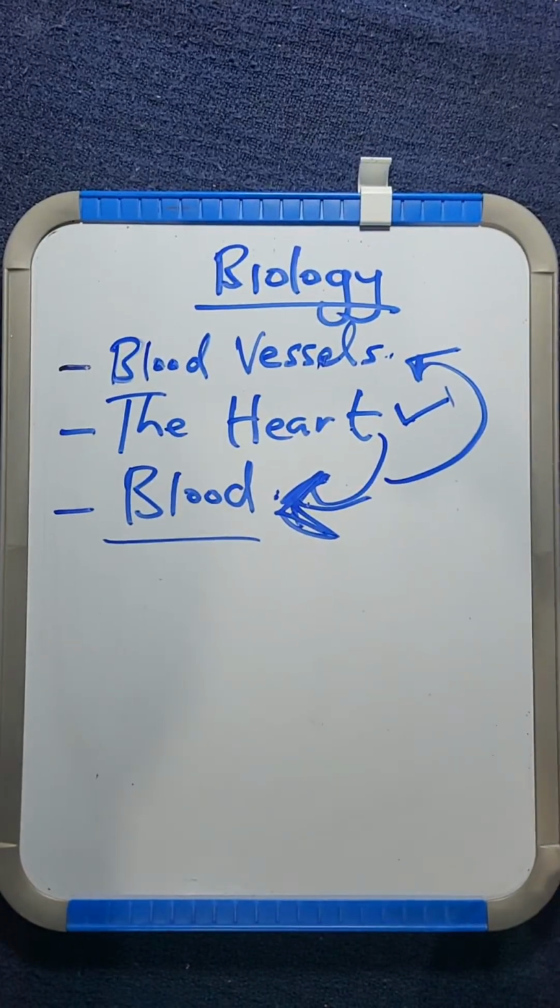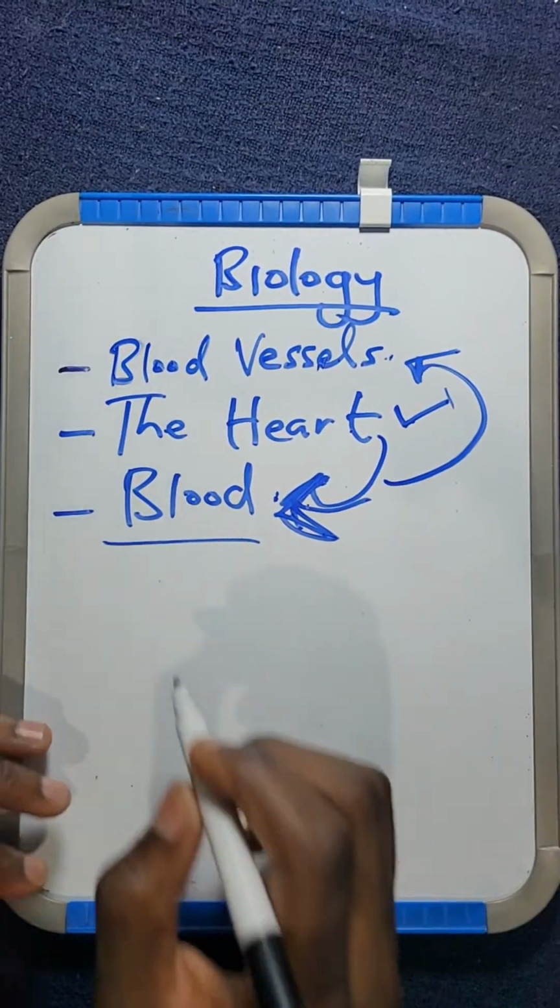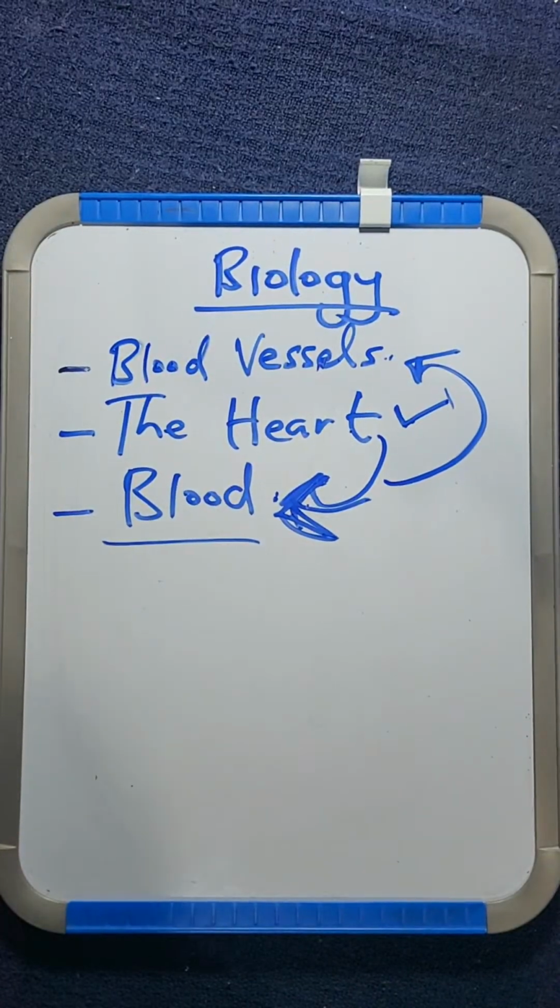And then what's the other one? What is the other characteristic of the cardiac muscle?